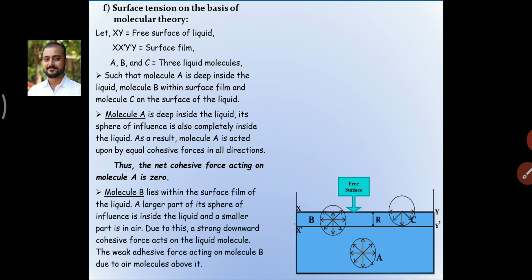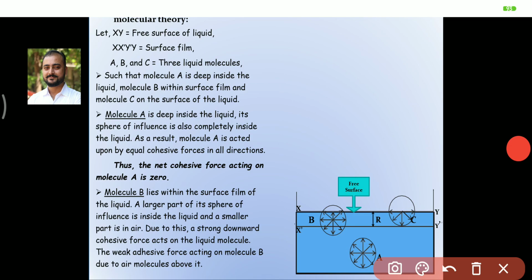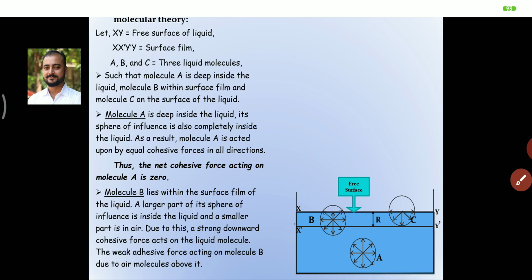Then about the molecule B: this molecule B is present inside the surface film, or you may say lies within the surface film. As you draw its sphere of influence, a larger part of it is present inside the liquid and a smaller part in the air.